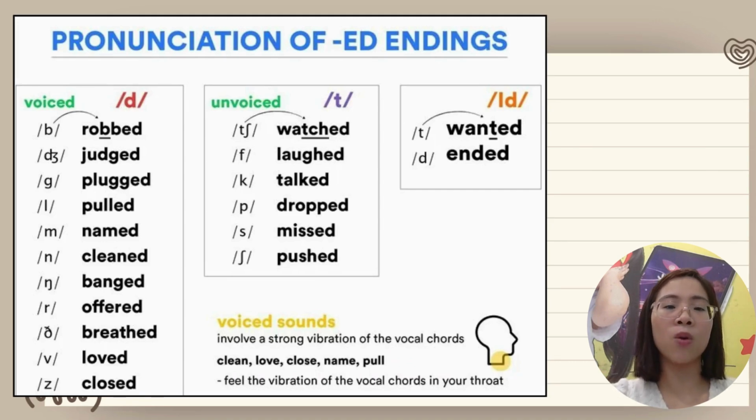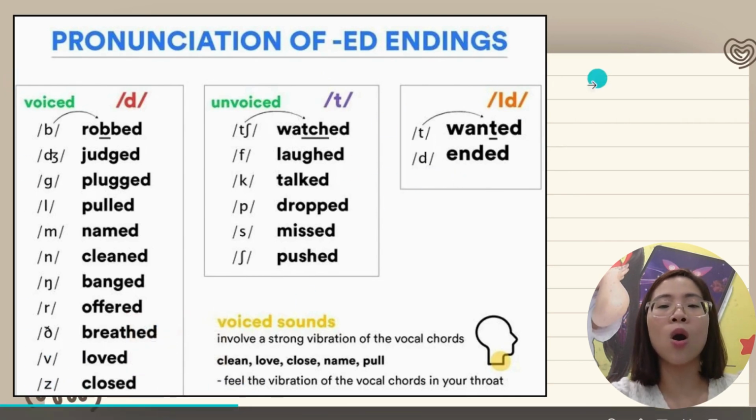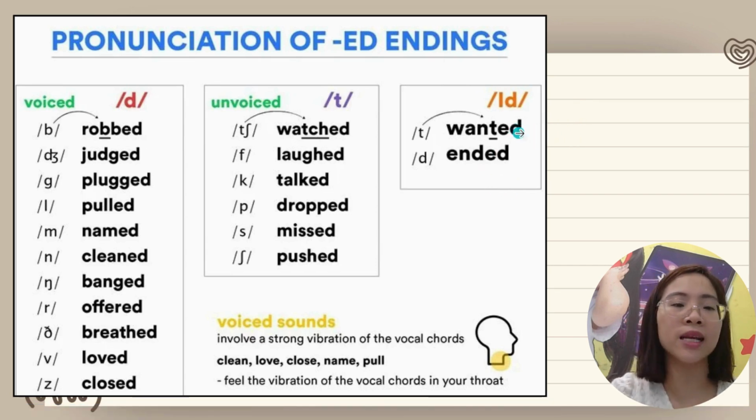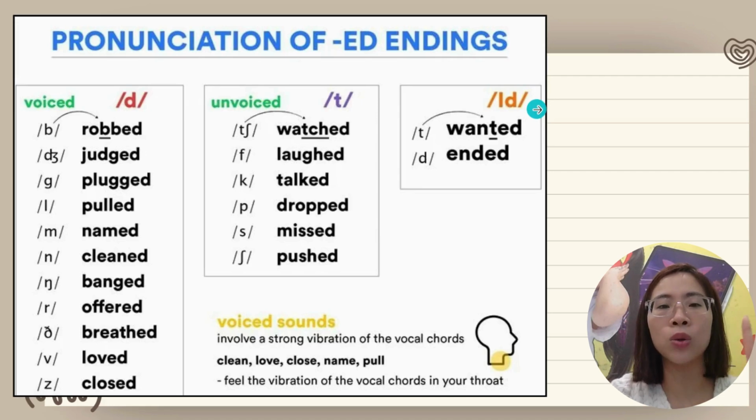In this table, we already have 3 boxes for you, and each box lists the endings that go with t or d. For example, here, ed, there are only 2, right, t and d. If the words end with t or d, we pronounce it ed.